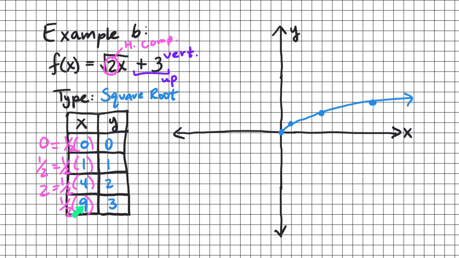If you have $9 and you split it with a friend, then each of you gets $4.50, right? So half of 9 is 4.5. Okay, so these are going to be my new points: 0, 0, 1/2, 1, 2, 2, and 4.5, 3.